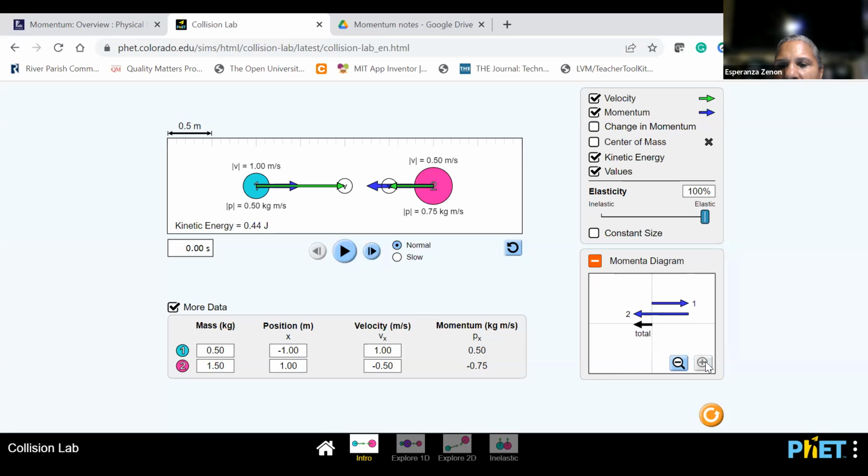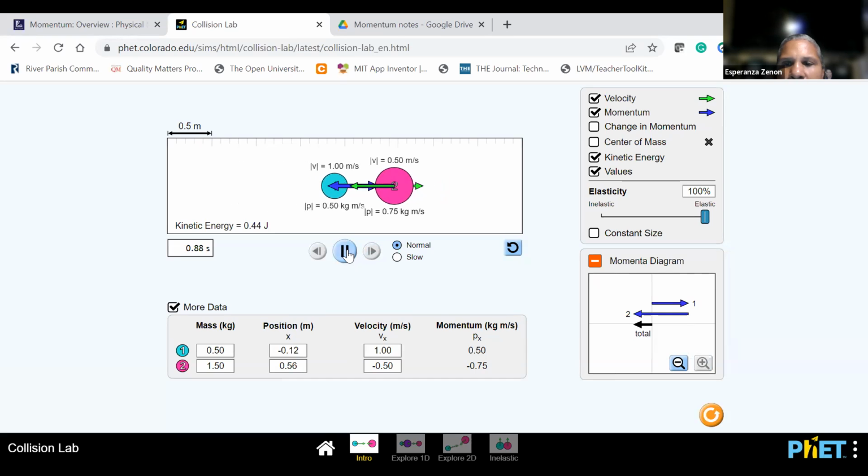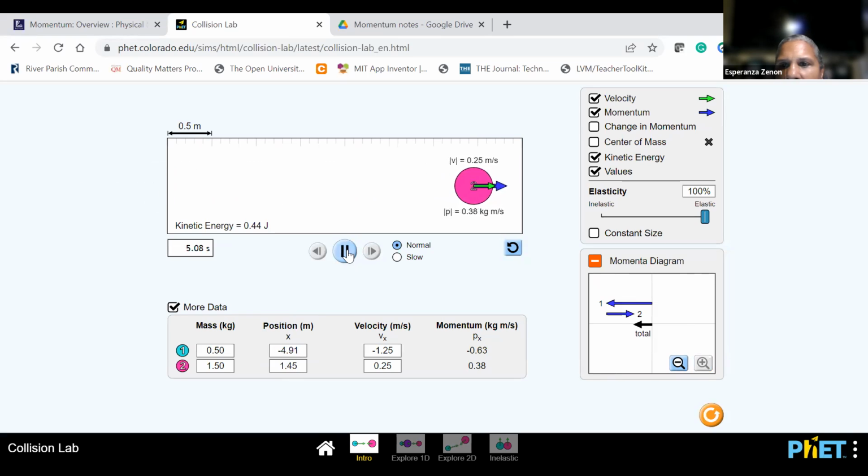Let me see if I zoomed in, okay? So now let's watch the total. You see? So we made it 100% elastic, and the total momentum stays the same for these two, okay?